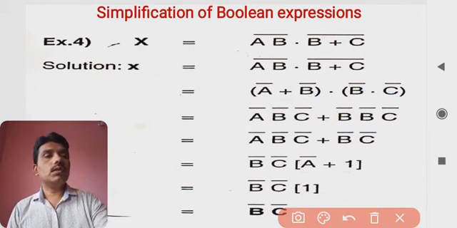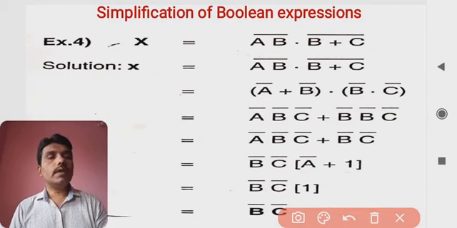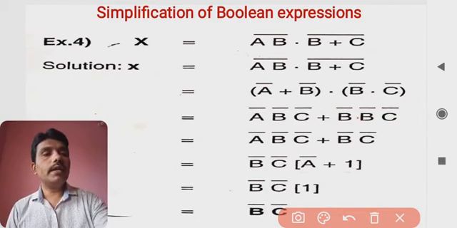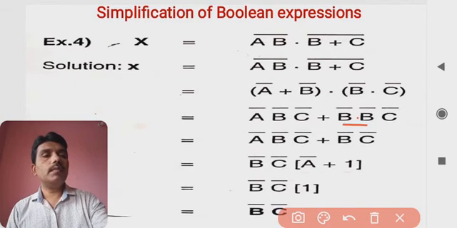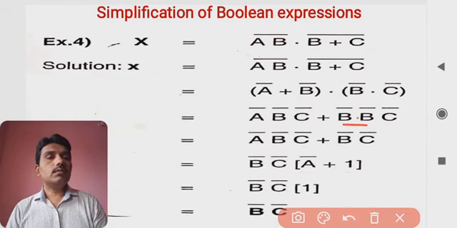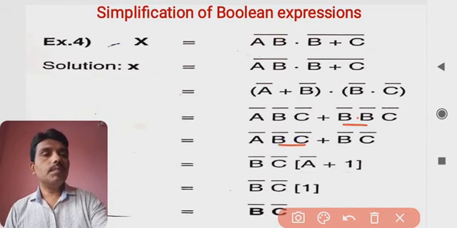So this is the case. Now again, if you look at B complement and B complement, it is always B complement. Likewise, A and A is always A. Likewise, B complement and B complement is always only one B complement. Again here, B complement and C complement is common.